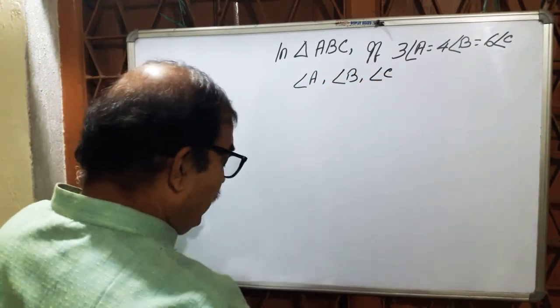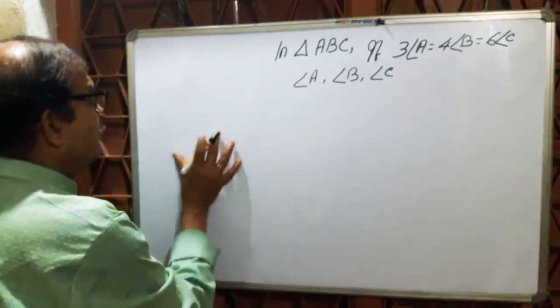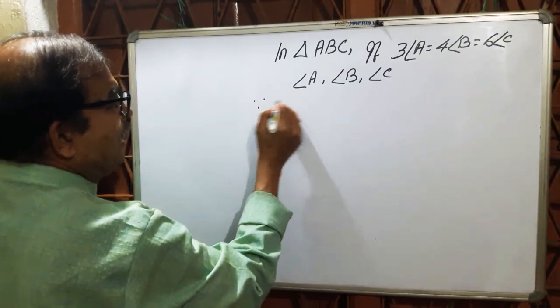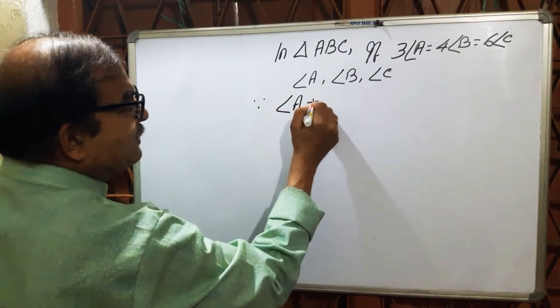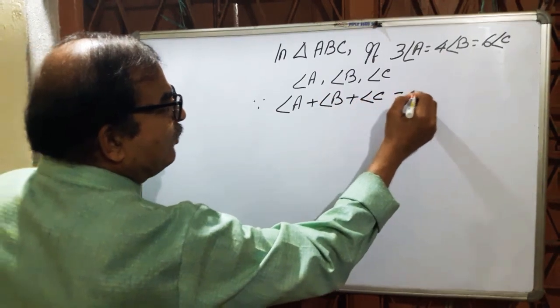So according to the theorem, we know the sum of interior angle equal to 180 degree, angle A plus angle B plus angle C equal to 180 degree.